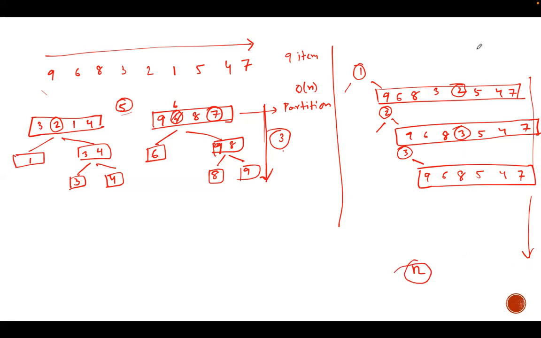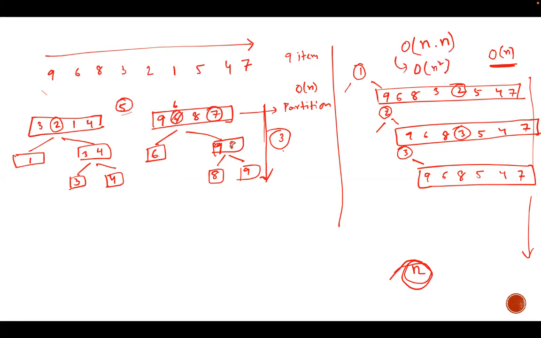Each time we're doing the partitioning, which is order of n, and the number of times we're partitioning is the same as n. So in this case, the worst case runtime will be n times n, order of n squared.